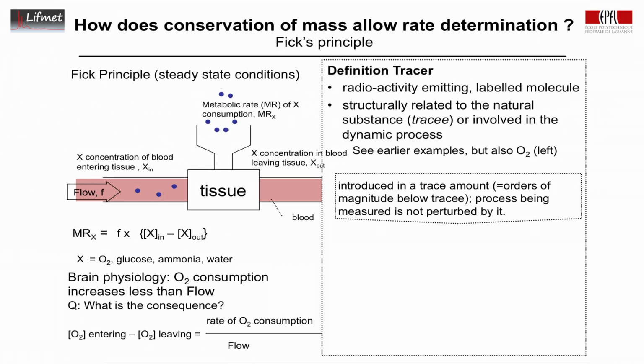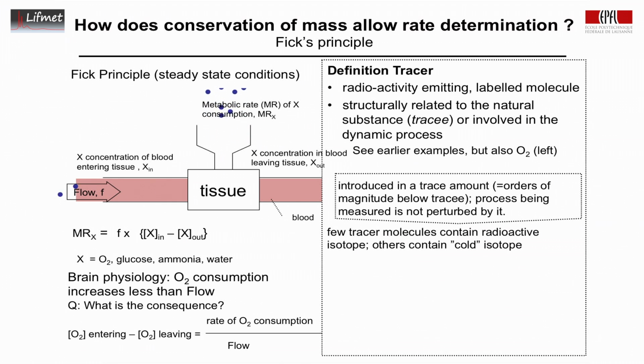So in the case of deoxyglucose with PET, we can introduce very small amounts of fluorodeoxyglucose on the order of nanomoles or micromolar, whereas the glucose concentration is in the range of millimolar. And this has the advantage that the introduction of the image contrast generating molecule does not perturb the process that we wish to measure.